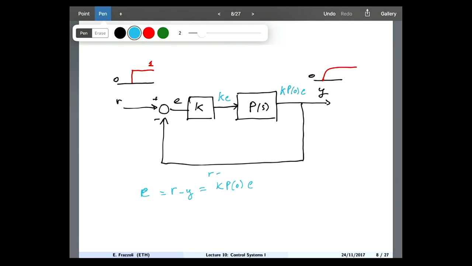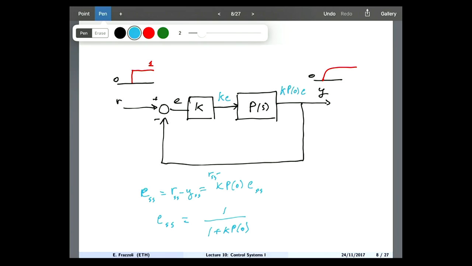Okay, so what does it mean? My error at steady state, these are all steady state values, will be given by 1 over 1 plus K P 0. What does this tell me? Essentially that the larger I make K, or actually the larger K P0 is, the smaller my error will be.